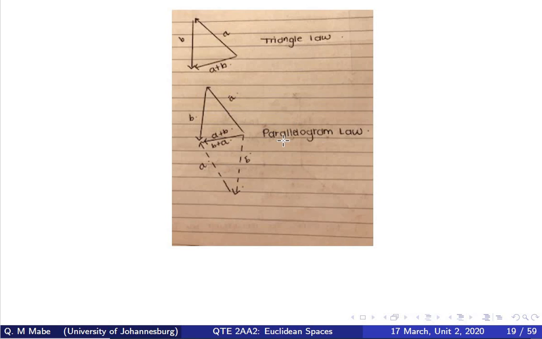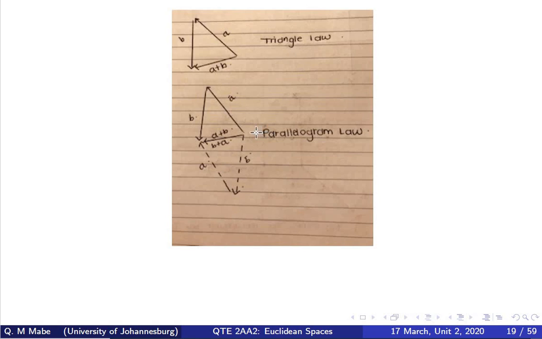But now when we're using the parallelogram law, we begin with joining our two vectors as we did in the triangle law. We have our vector A, we join B, B should join A at the head. We join the tail of B with the head of A. Then that's B here, right?